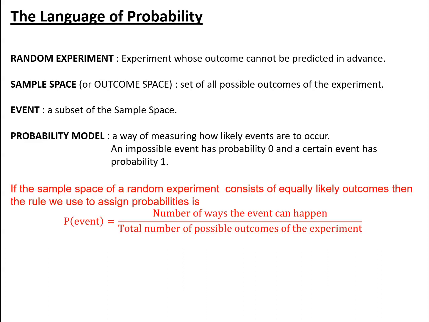At GCSE, you'll have often used the idea of the probability model where the sample space consists of equally likely outcomes, in which case the probability of any event is the number of ways in which the event can happen, divided by the total number of possible outcomes of the experiment.